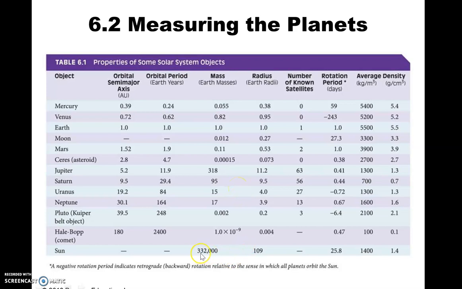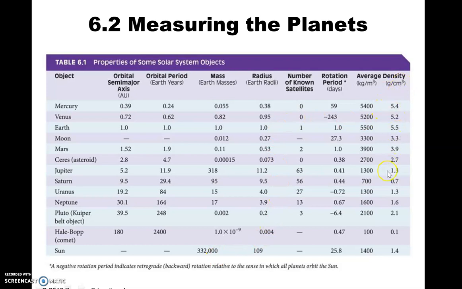Notice the Sun, right? 332,000. There are more accurate digits that go in here. Anyhow, so it's more than 332,000 times the mass of the Earth.